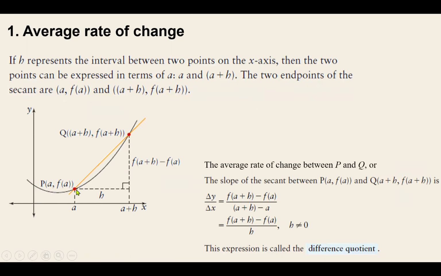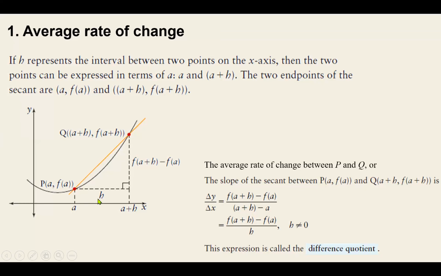Another representation of the average rate of change is we can actually denote the length between 2 points. The horizontal length is h. If h represents the interval between the 2 points on the x-axis, then the 2 points can be expressed in terms of a, which are a and a plus h, right? So suppose we have point P, the x coordinate of P is a, then the coordinates of P is (a, f(a)), right?